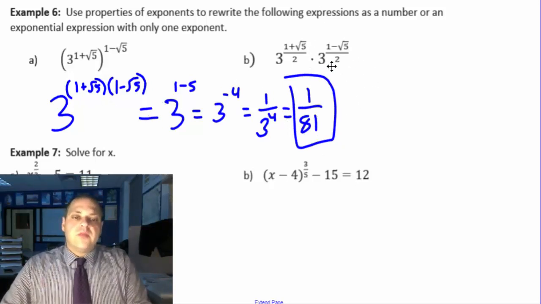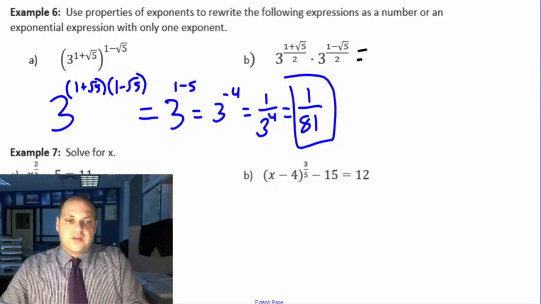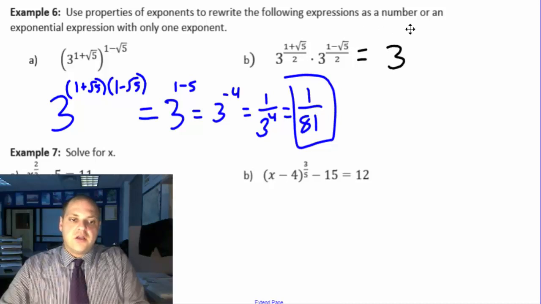This one here, now we're multiplying, so we're going to add the exponents. This one's going to be 3 to the (1 plus radical 5) over 2 plus (1 minus radical 5) over 2.